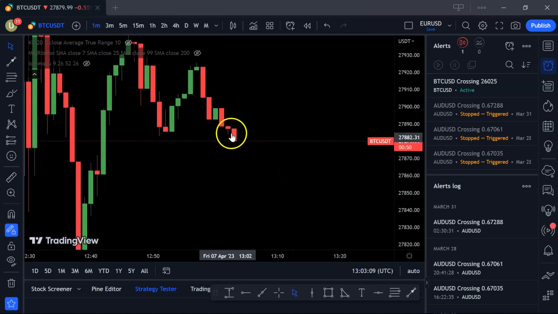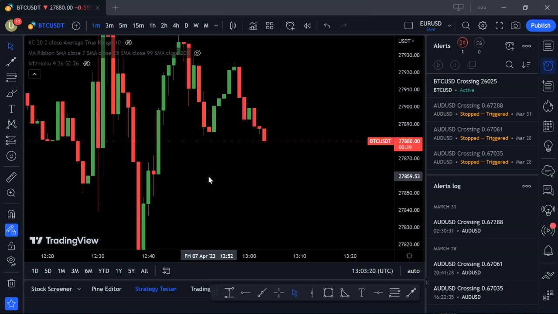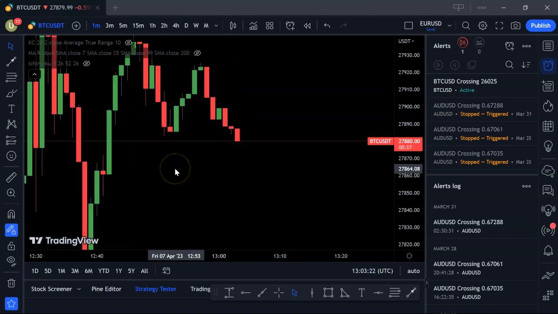It opened here, this is the opening price, and it's going down. So I presume that after going down it will close, right? I'm not going to stay here for 2-3 candles, but this is what we look at when we are trading. You see that every minute these candles will be forming.